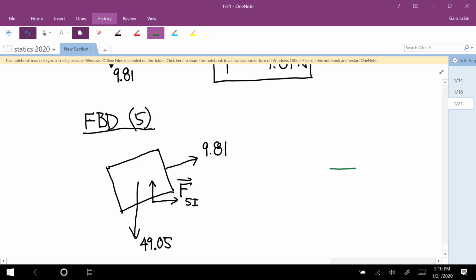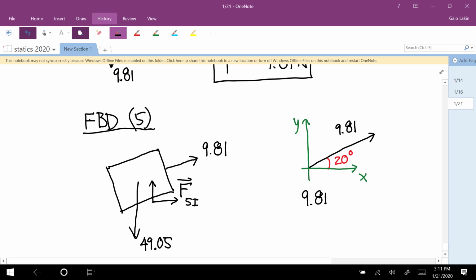The one that takes a little working is, if here's our coordinate system, the cable force is this way with a magnitude of 9.81 and an angle of 20 degrees. So as a force vector, that's 9.81 times cosine of 20 and 9.81 times sine of 20.